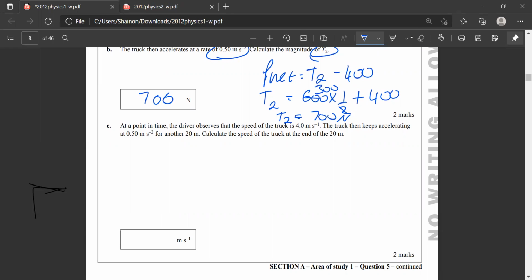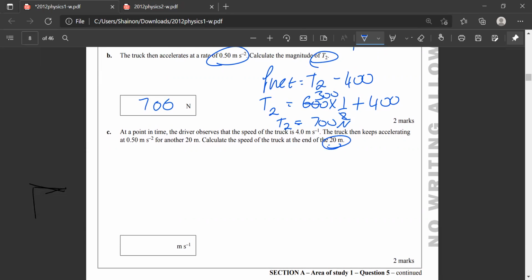Calculate the speed at the end. So V final at the end of 20. Using SUVAT, we don't know our final. We know initial is 4, S is 20, A equals 0.5.